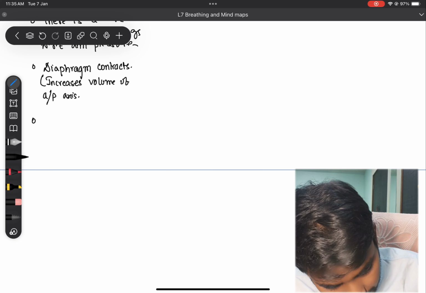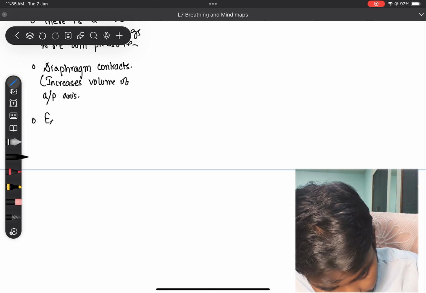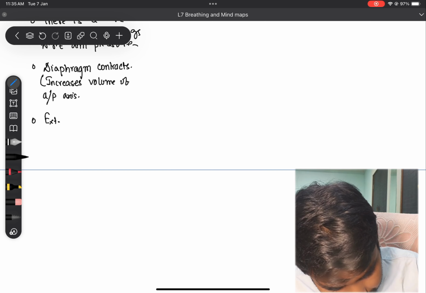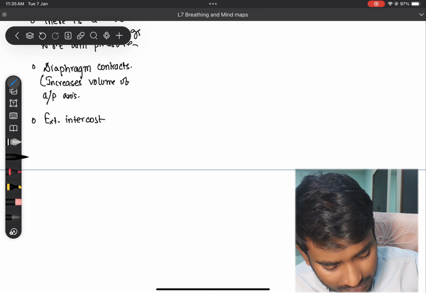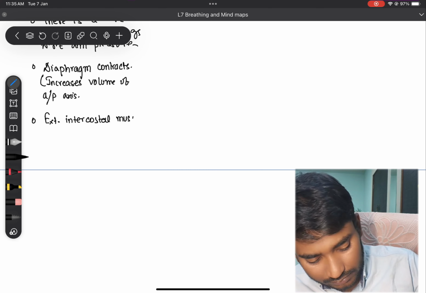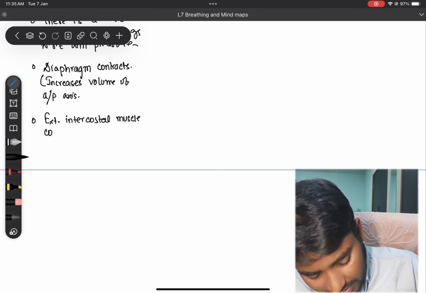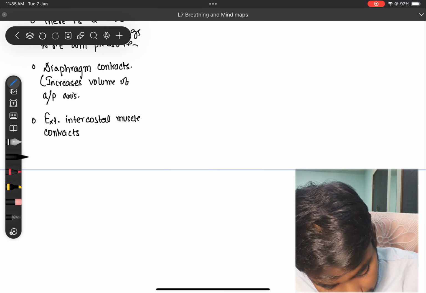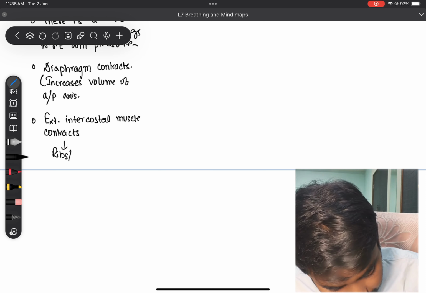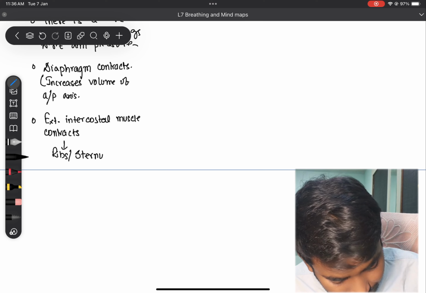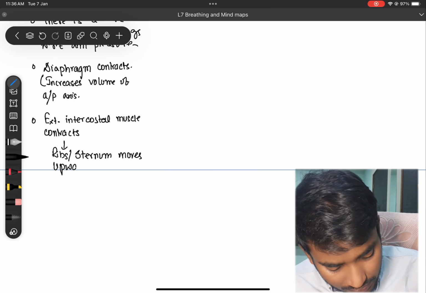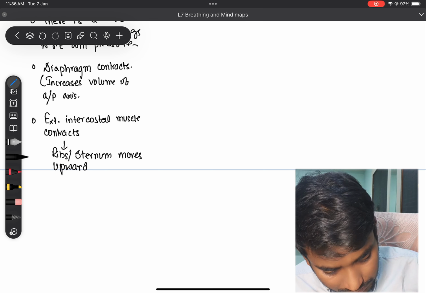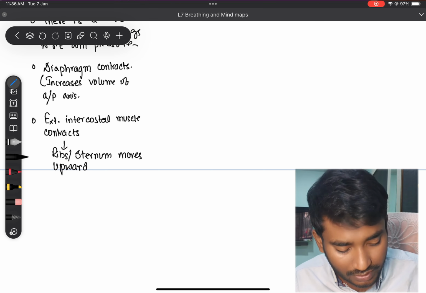And in the fourth, the external intercostal muscle contracts. Ribs and sternum move upward, which increases the volume of the thoracic chamber.